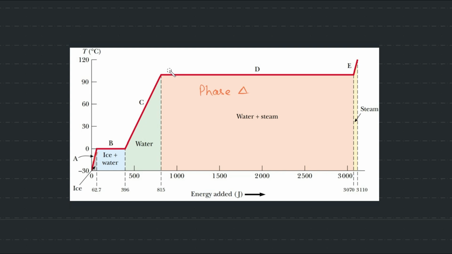It is around 2400. That's what I can guess from this. Actually, you have the actual value. So 3070 minus 815. If you subtract these two values, you'll get the phase change value for this particular scenario. Right, guys? So this is pretty comprehensive. So let's move on.